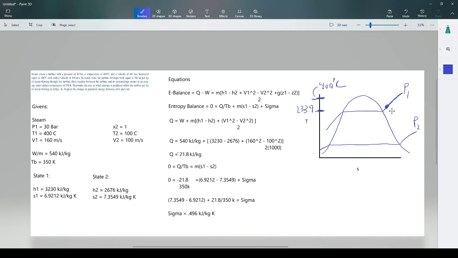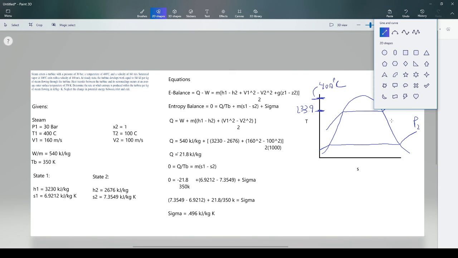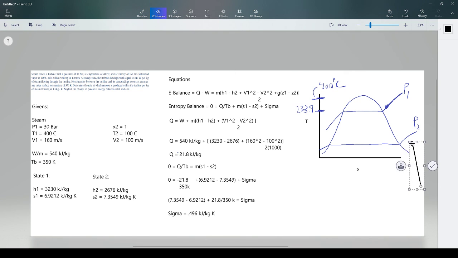Remember, because this is a TS diagram, this line straight down represents the entropy of the first process. Straight down here, it's whatever this number corresponds to, which is our first entropy, 6.9212.